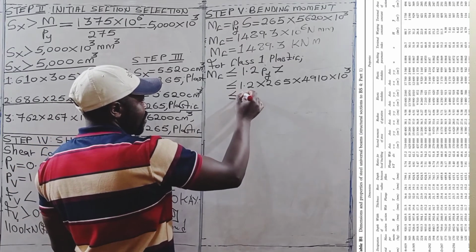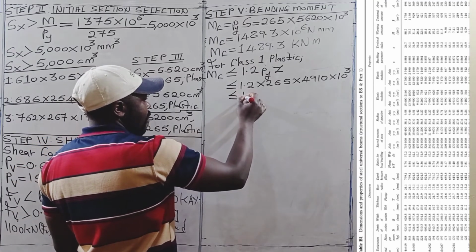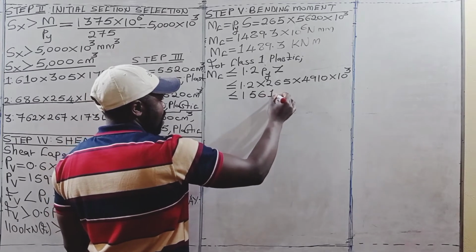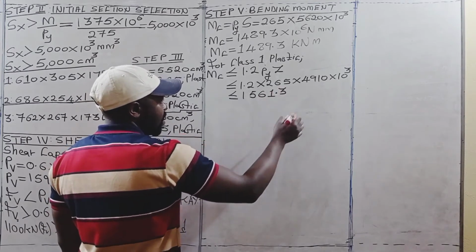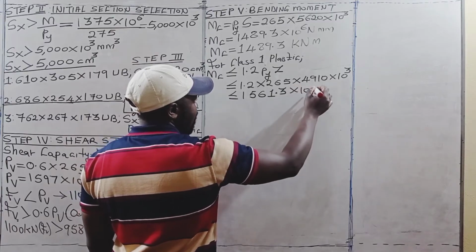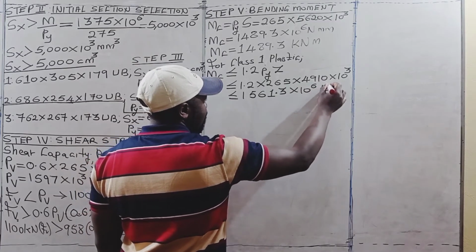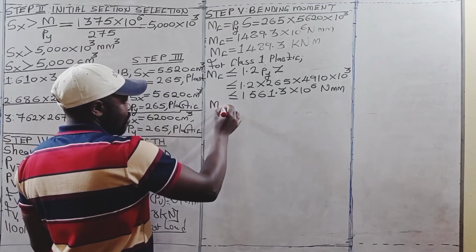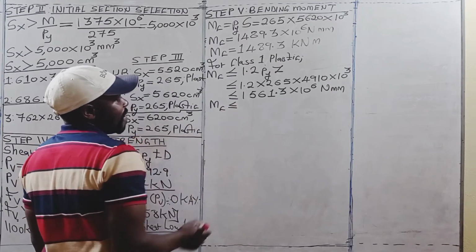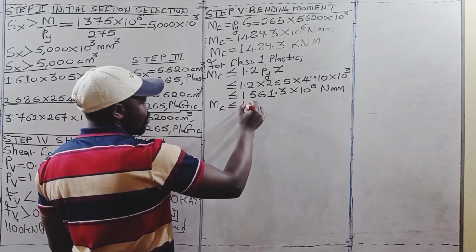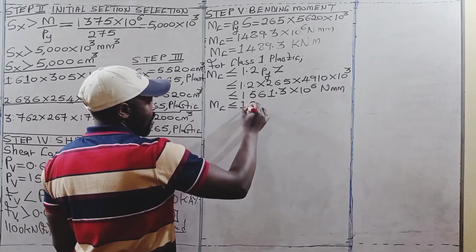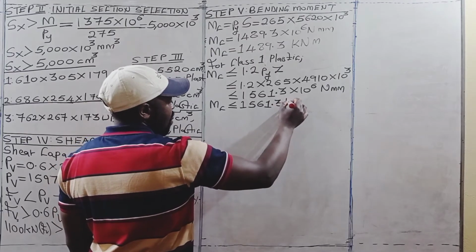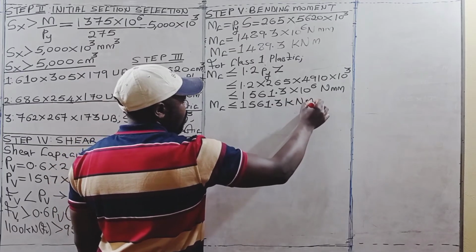And this happens to be 1,561.3 times 10 raised to the power of 6 Newton millimeters. When we convert that to kilonewton meter, we find that MC should be less than or equal to 1,561.3 kilonewton meter.